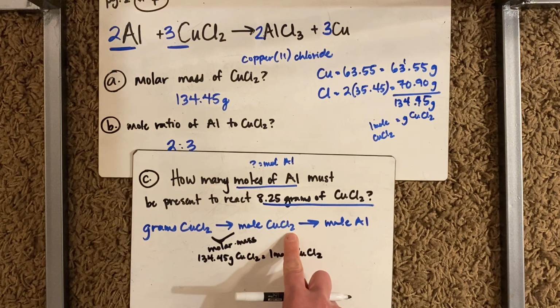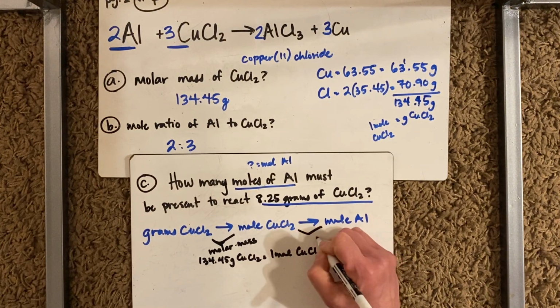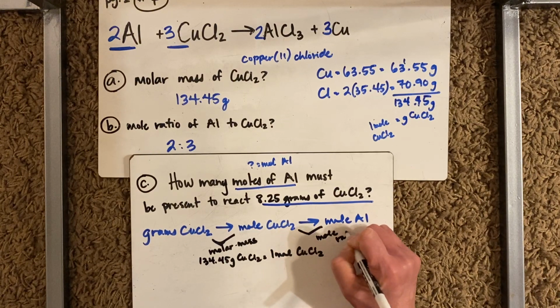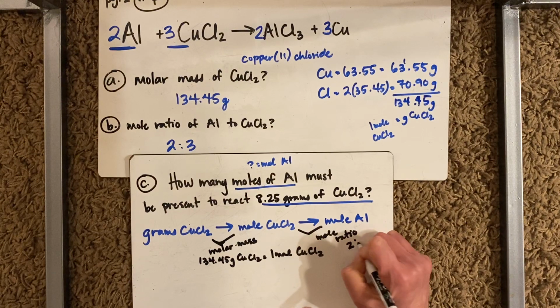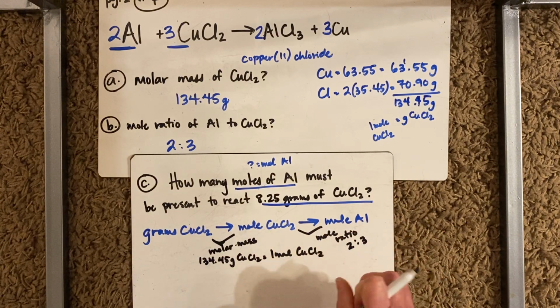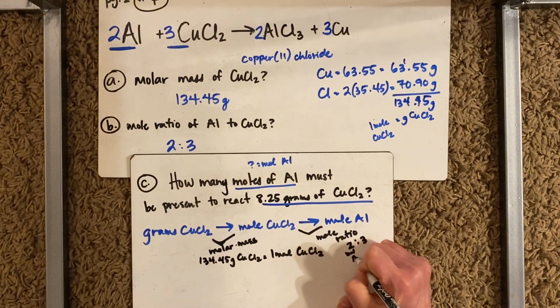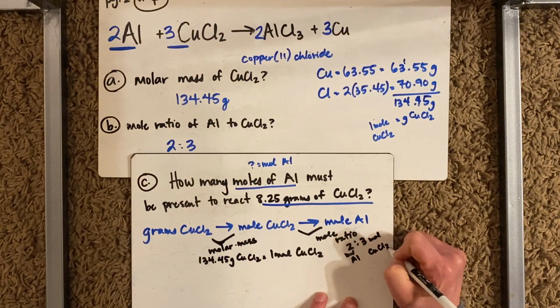Then we're going to go from moles of copper 2 chloride to moles of aluminum. So whenever we do that, we're going to use a mole ratio. And we already figured that out in step B, which was 2 to 3. 2 moles of aluminum to 3 moles of the copper 2 chloride.